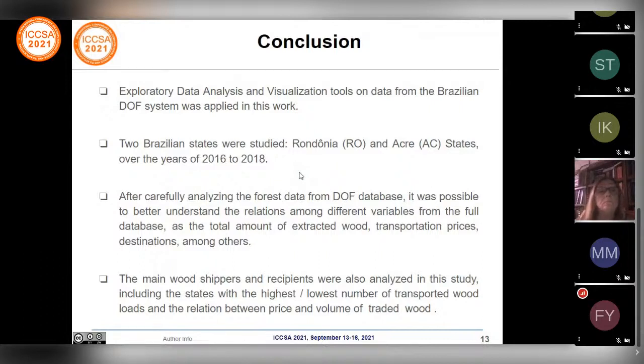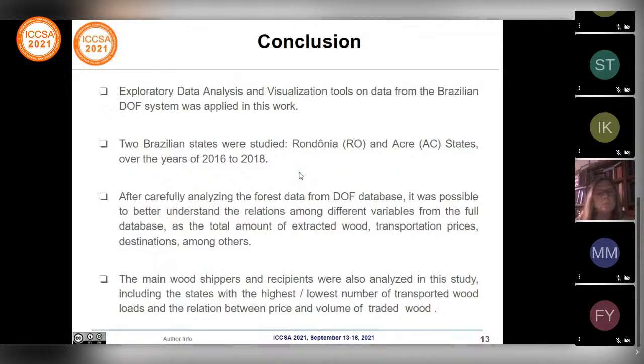After carefully analyzing the forest data from the DOF database, it was possible to understand the relation among different variables from the full database, such as the total amount of extracted wood, transportation, price, and destination, among others.